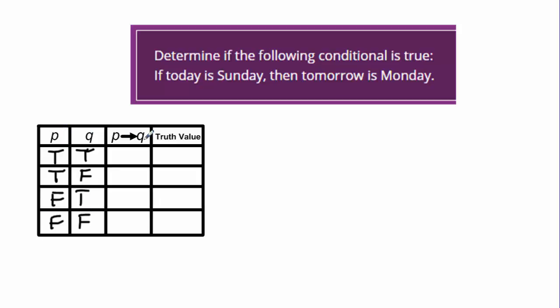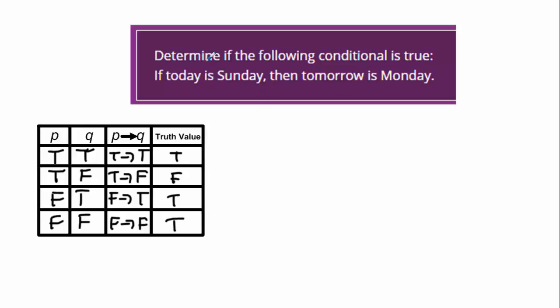And if I were to evaluate this type of conditional where I have true implies true, true implies false, false implies true, and false implies false, well, the truth values will be true for this case, false in this case, true in this case, and true in this case.